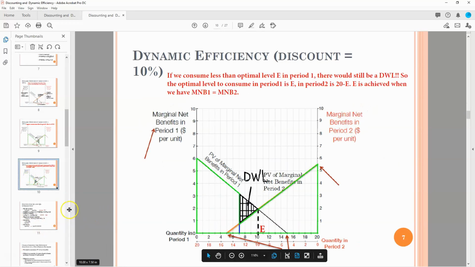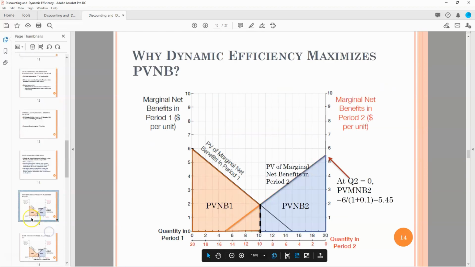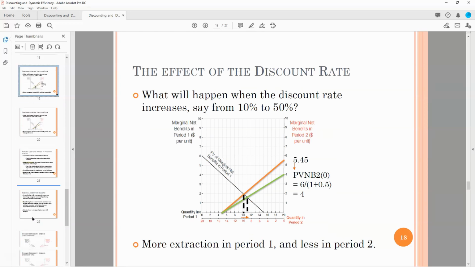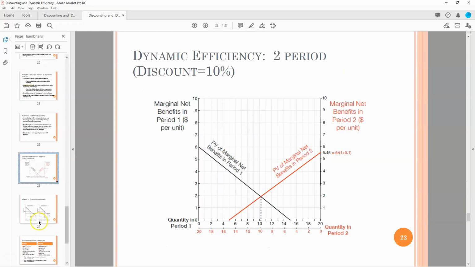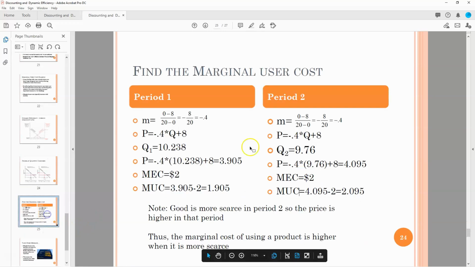So given the efficient level of allocation, we went ahead to talk about the marginal user cost. It is in our final section. We talked about the marginal user cost, how to get the user cost on the graph, or how to calculate the marginal user cost by math.